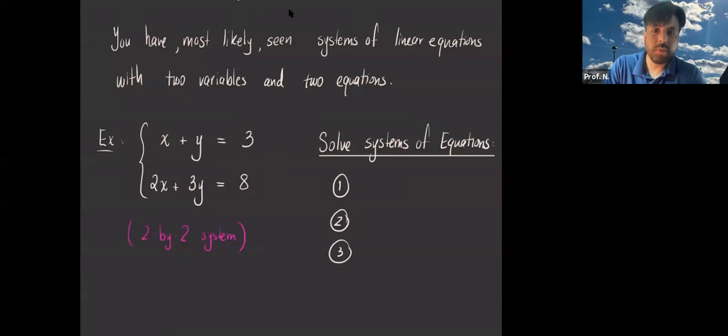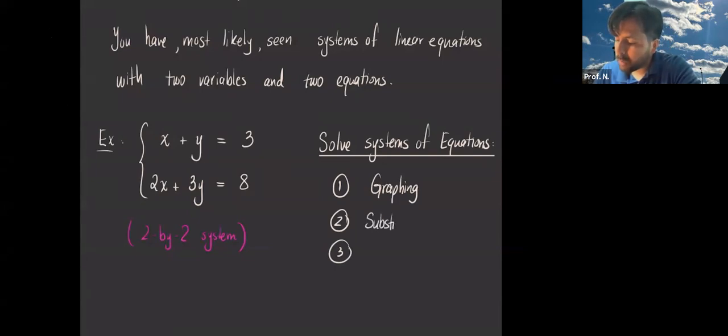One way is graphing. These are two lines, so we can graph each and then see where they intersect. The other way is substitution, where you solve for one variable and then find it in terms of the other. Or you can do elimination.